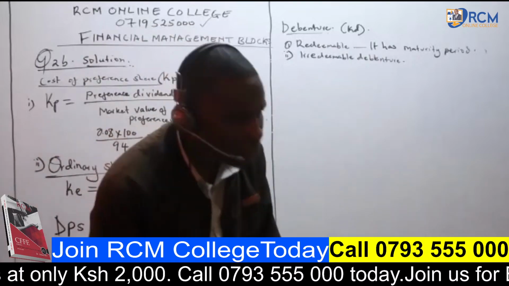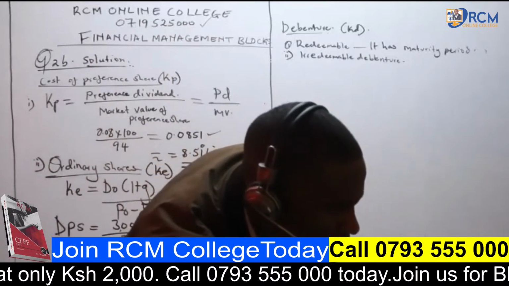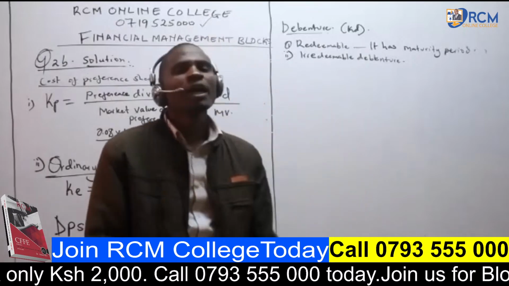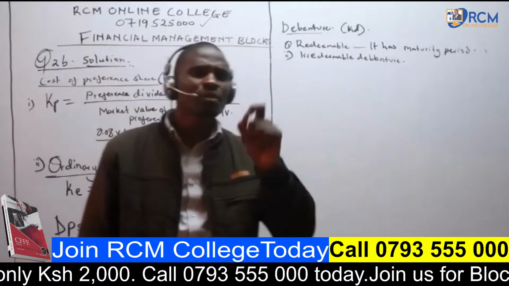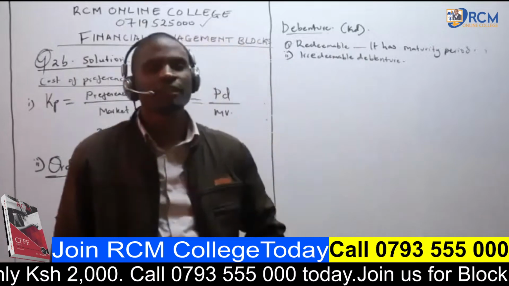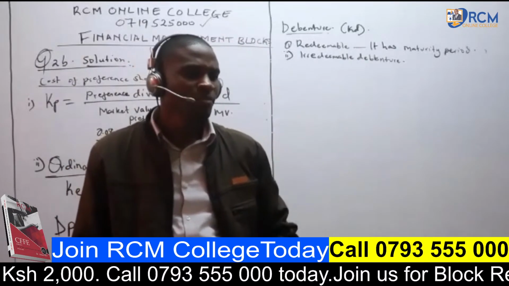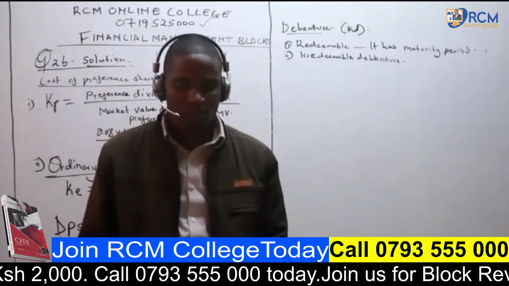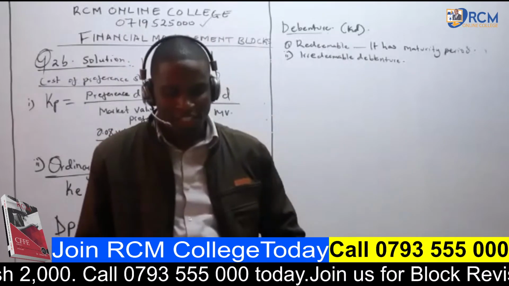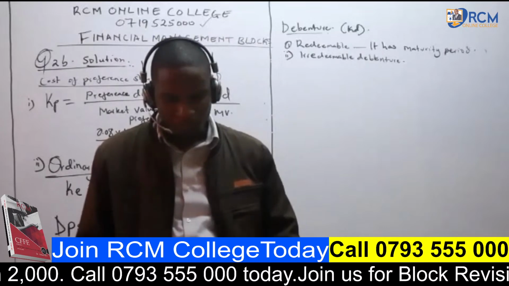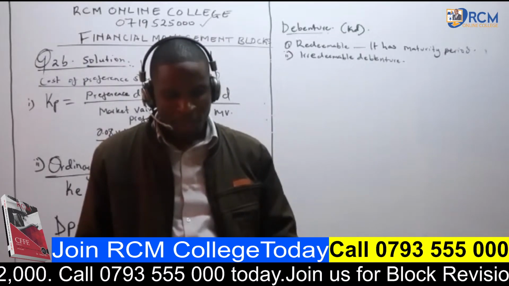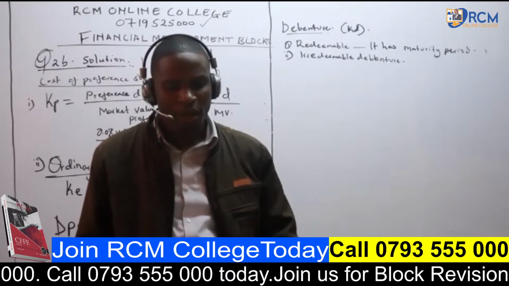Now, with that information, can you tell me the type of debenture that we have here? Having in mind that you take a picture of the question, which type of debenture is this? Additional information number 3 is talking about debenture.